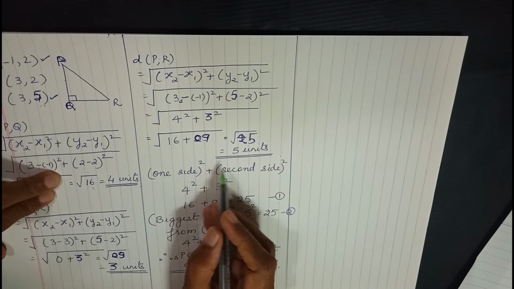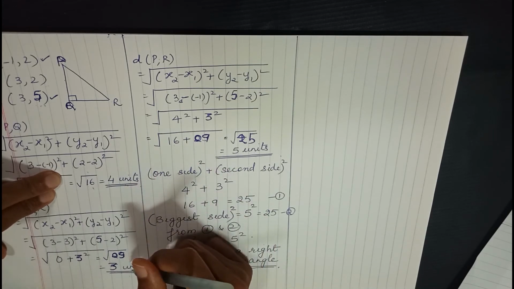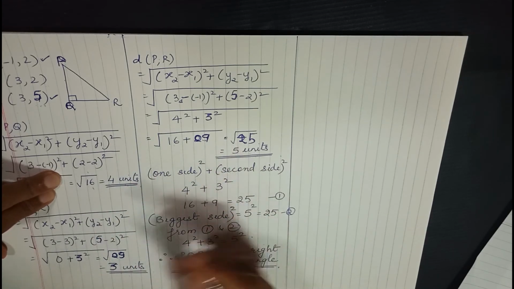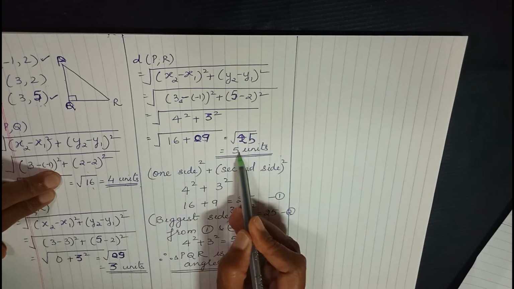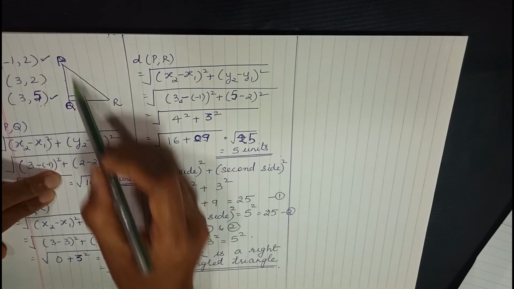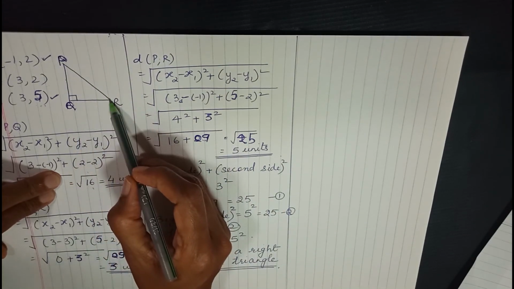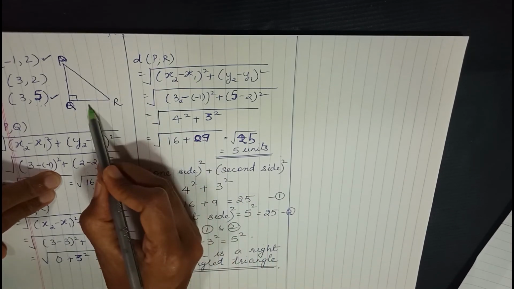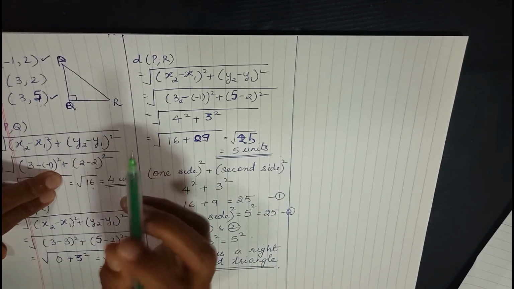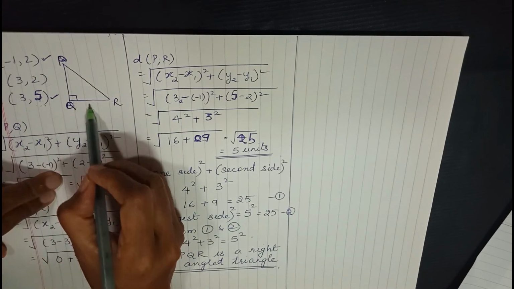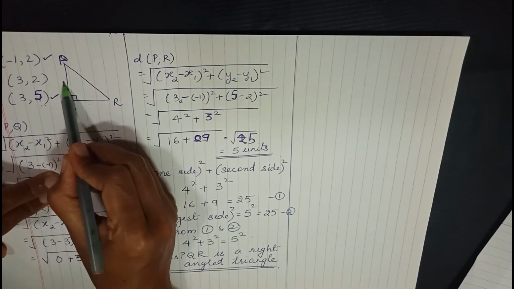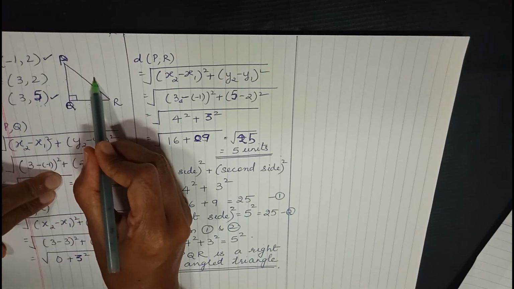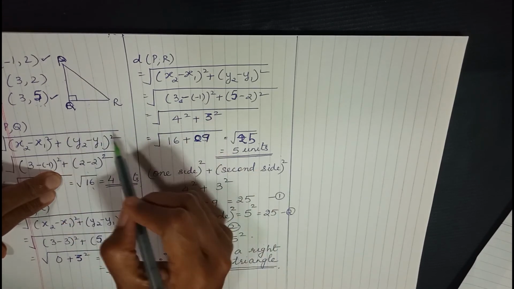So first, out of the three, we should find out which are the two smaller sides. As you can see here, 3, 4 and 5. That means 5 is the biggest side and it will form the hypotenuse. 3 and 4 will form the other two sides. According to the Pythagoras theorem, the square of this side plus the square of this side should be equal to the square of the hypotenuse. That is what we have to find out.